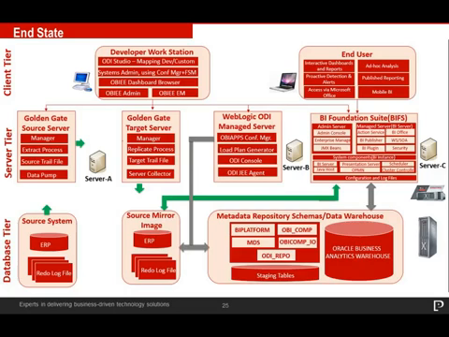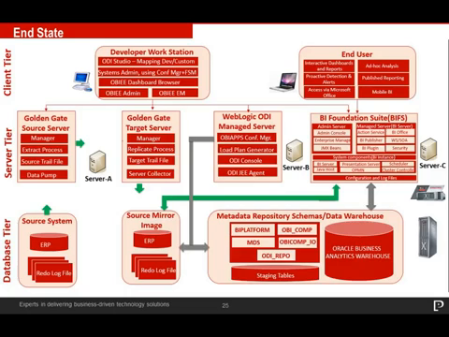So the end state, what you see here, is the end state architecture that eventually helped them overcome all of those challenges. What we did is we set up GoldenGate to replicate the source system and create a source mirror image.